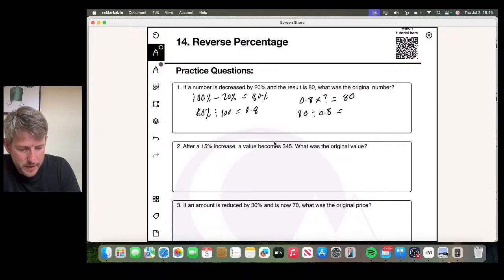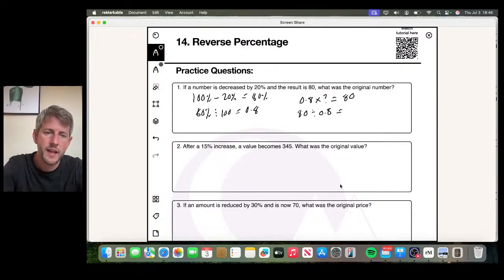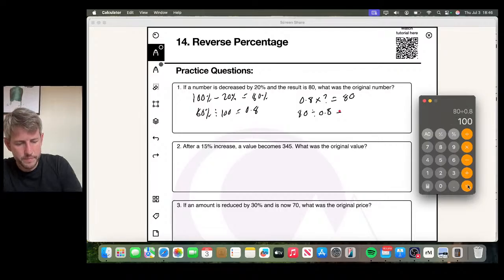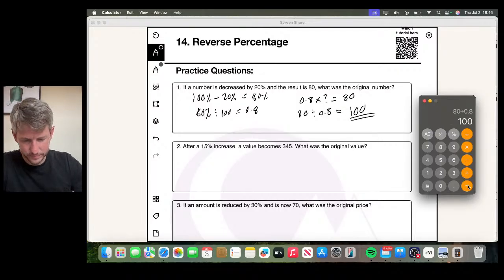Well, yeah, let's do it this way. Divide by 0.8, and that should equal, so that'll be 100. And that was kind of obvious for that. So the original amount was 100.